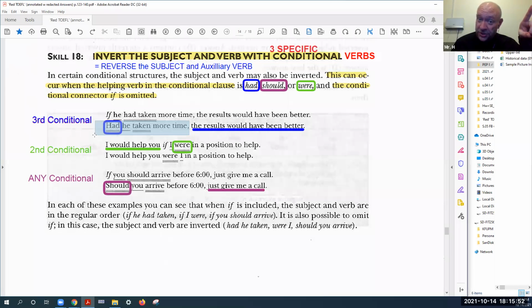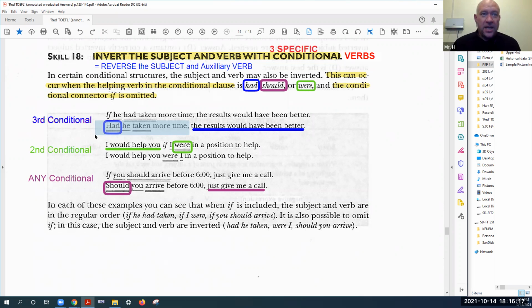Without the connector, it is wrong. When you remove the connector, you must invert. When you keep the connector, you must keep the normal order.